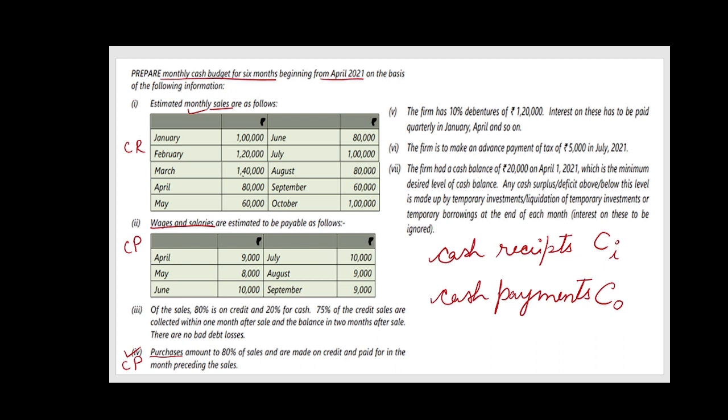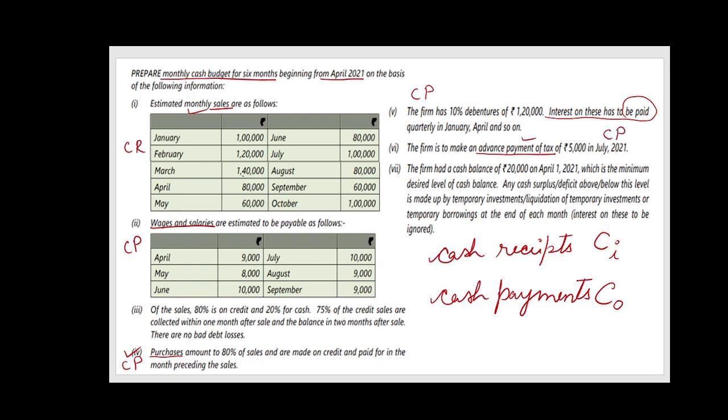Now, the fifth adjustment is in terms of the interest on 10% debentures, which has to be paid. Here also the money has to be paid. As such, the fifth adjustment is pertaining to cash payments. Now, the sixth one is the firm is to make an advance payment of tax. Again, it is payment. As such, this also comes under cash payment.